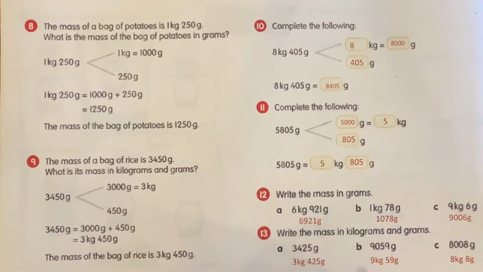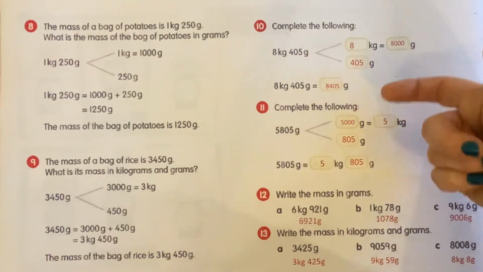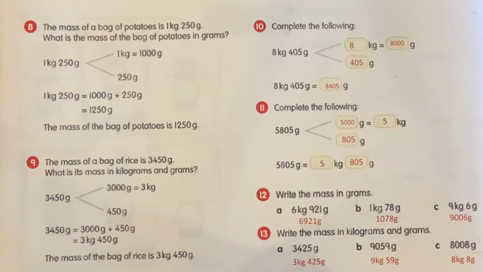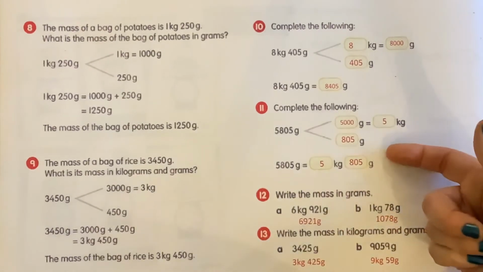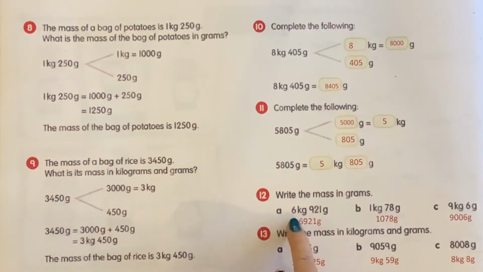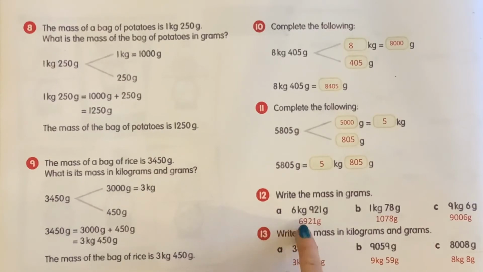Now well done if you were able to do these just by doing a straight conversion, but equally if you did it in the same steps as these questions and you got the answers correct, well done. If you didn't manage to do these all, it might be worth just purple polishing and going back, doing it in this step. So breaking it down, 6 kilograms is the same as 6,000 grams and adding on the 921.